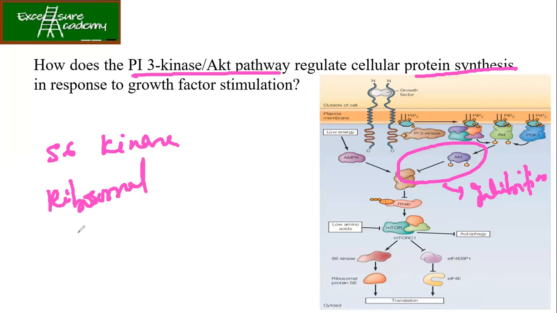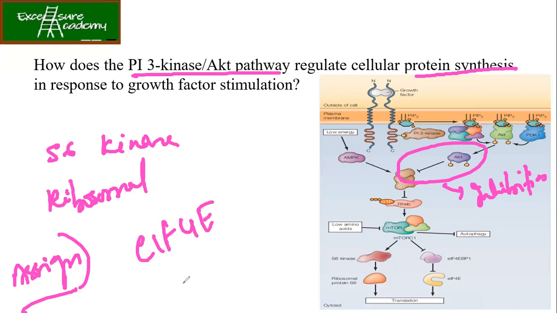So guys, a small assignment for you over here. Whenever you study something, even if it is my channel or any other channel you're following, the advice I'll give is that whenever you study any particular question, for example the question you read today, you saw this video, so you understood that for the PI3 kinase and AKT pathway, if they're asking about cellular proteins, you need to answer this. But along with this, make short notes on S6 kinase as well as EIF4E.